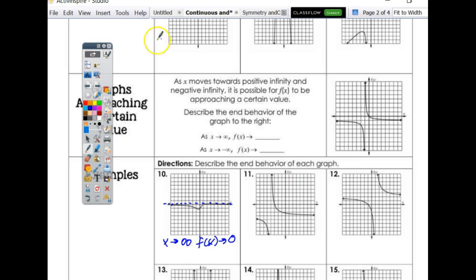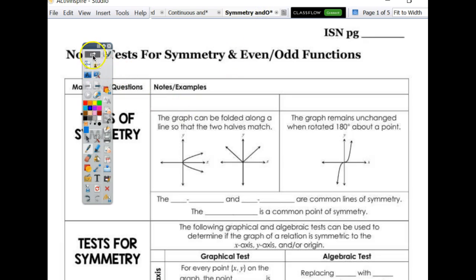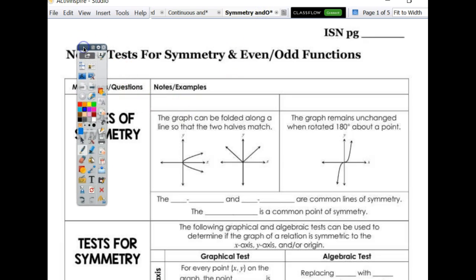Today we're going to talk about symmetry. So we have 2 types of symmetry. I have line symmetry and point symmetry. Line symmetry and point symmetry.